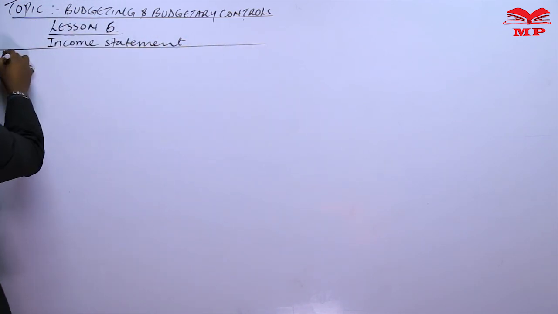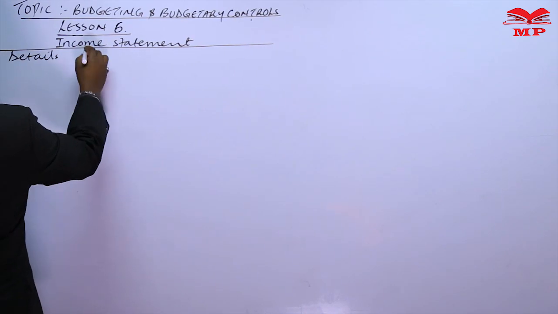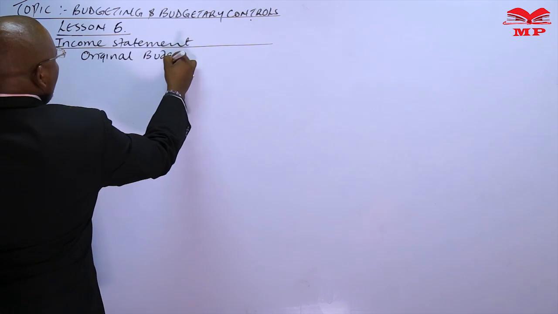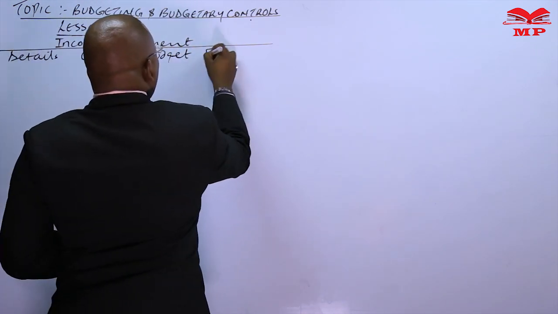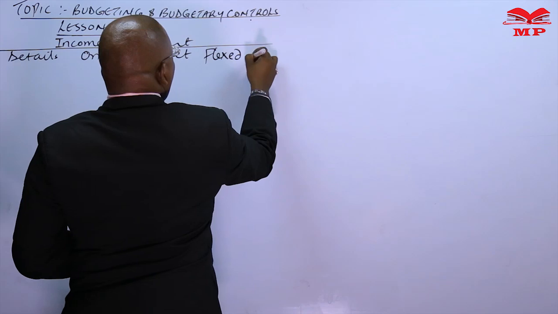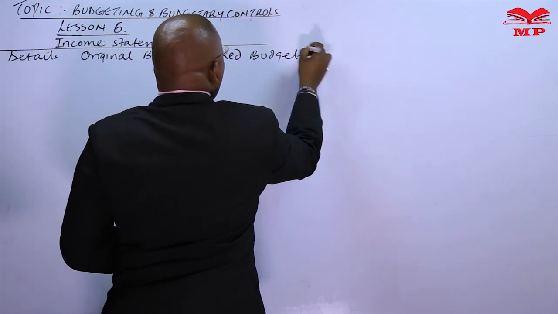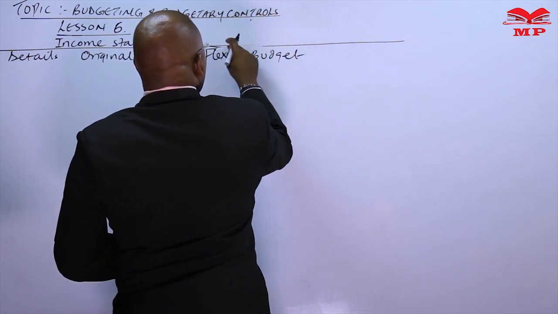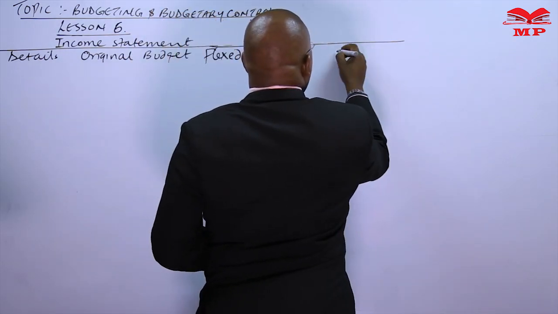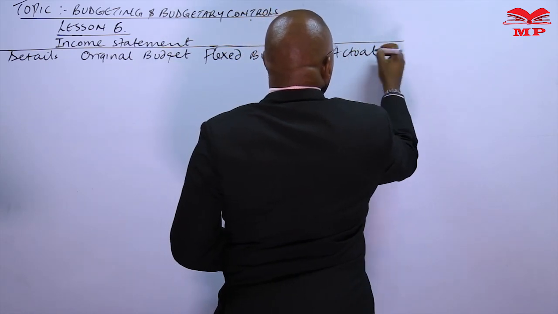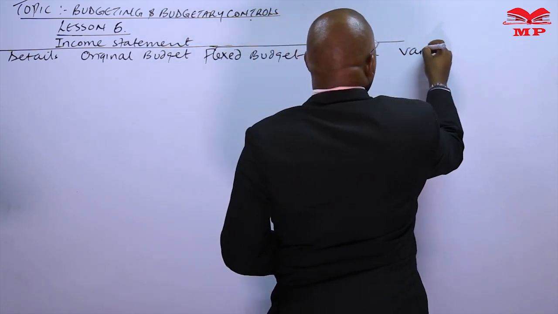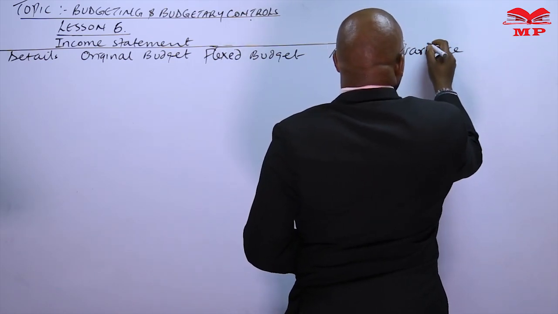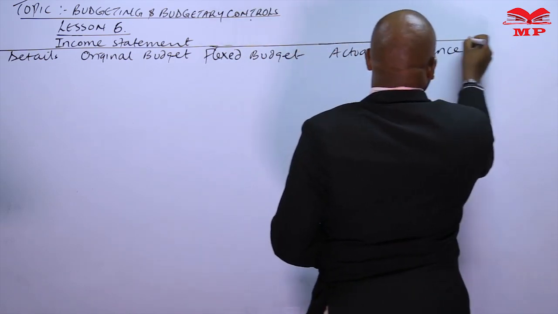Here we are having the details. We are having the original budget, the flexed budget, and also the actual, and we also include the variance for comparison purposes.